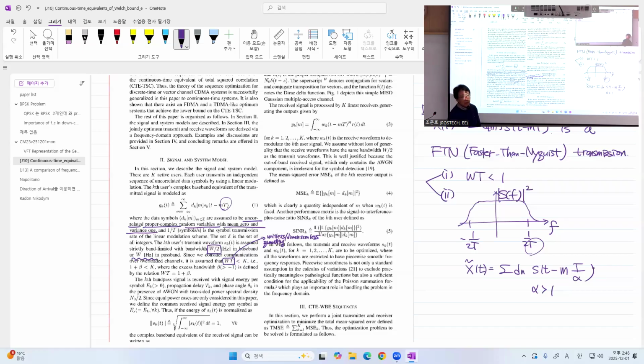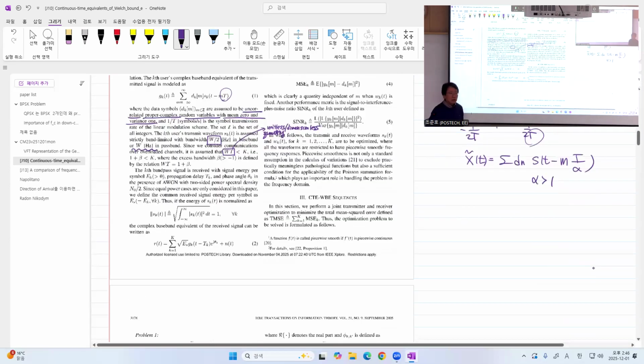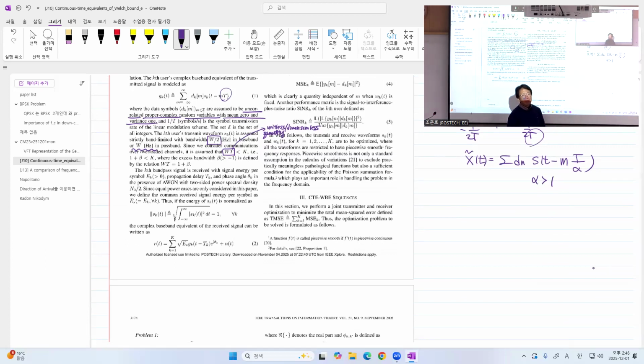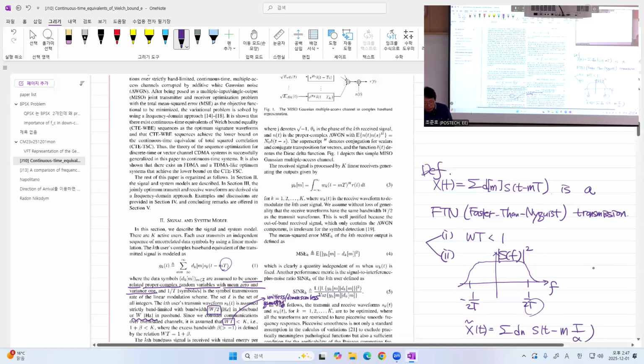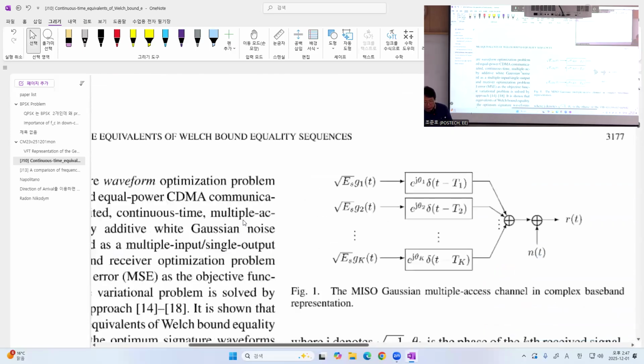Got it? And interestingly, Dr. Yehun Yoon's paper exactly covers this problem with single user faster than Nyquist transmission, when we have a flat channel. So here again, this paper looks very similar.